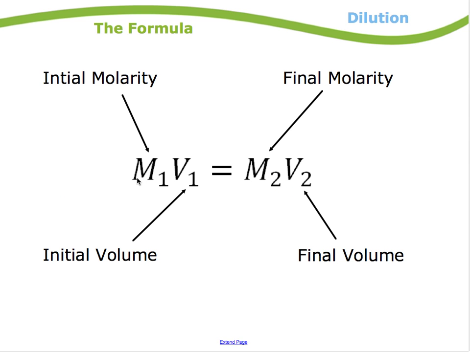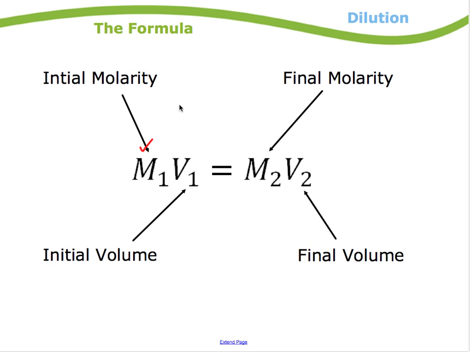So here's the formula. The first molarity multiplied by the first volume is equal to the final molarity multiplied by the final volume. It's a fairly simple proportion-based formula. To use it, as with any formula, you need to know all but one of the variables.